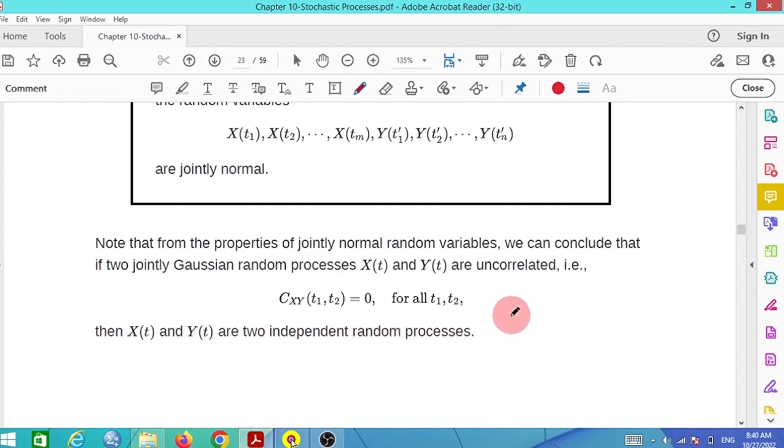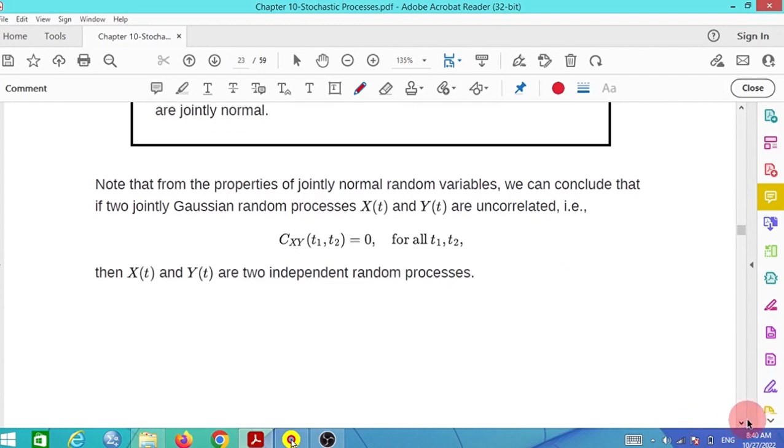This is true only for Gaussian random processes. If two random processes are independent, the covariance is 0, but the converse is not true, except when they are jointly normal random processes.